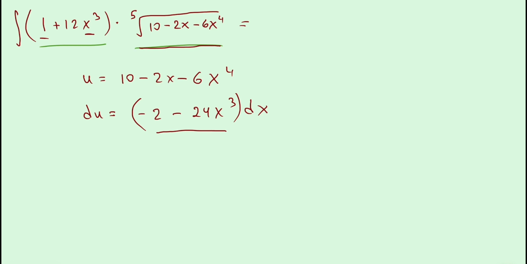Now let's simplify this in a way that we could replace the full function with 1 plus 12x cubed. So what we'll get here is du equals 2. We could pull out the negative 2, and we will get 1 plus 12x cubed.